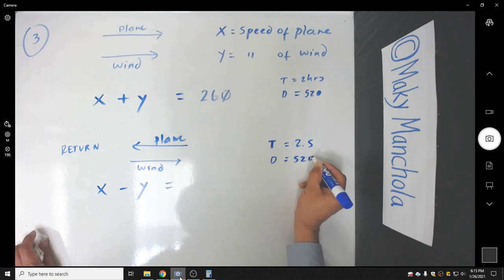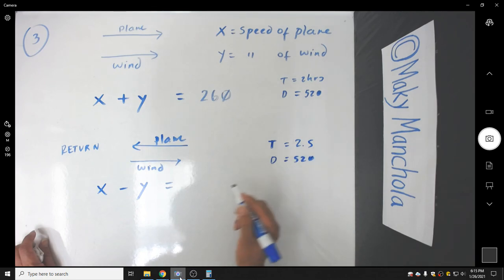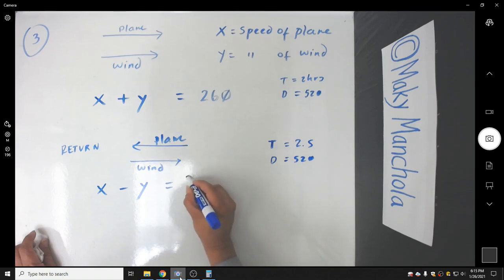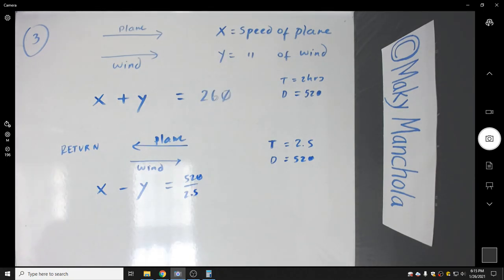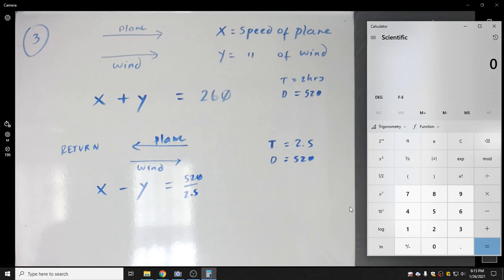So now what I need to do to find my average speed is take 520 and divide it by 2.5. Using a calculator, let me divide 520 by 2.5. 208.